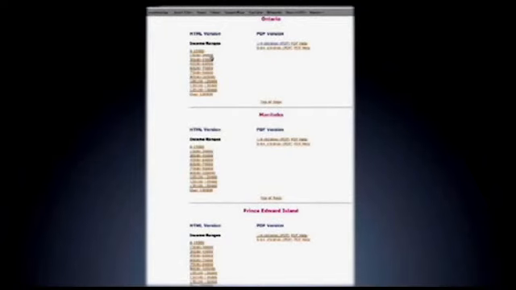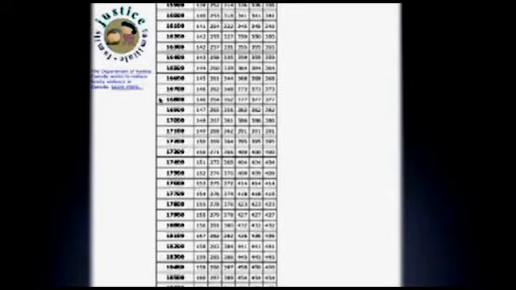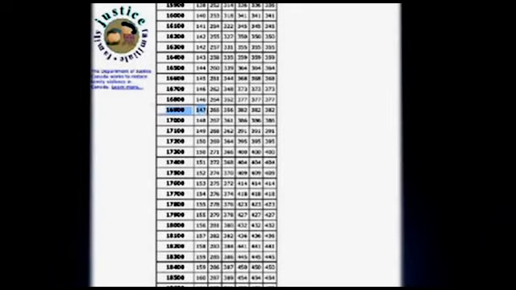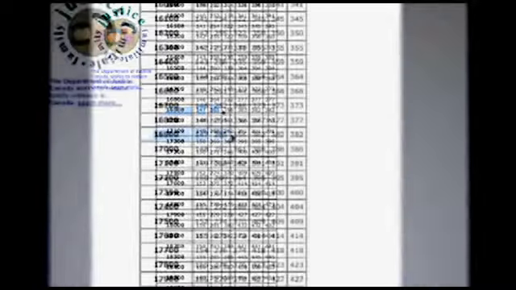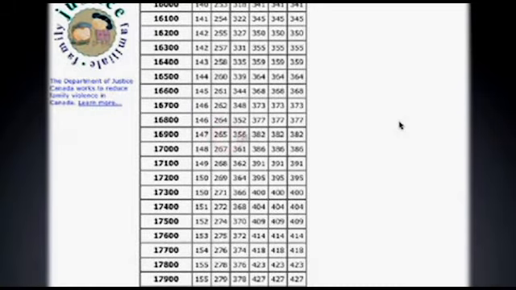Then click on your province or territory and the tables will appear. Here's an example of a page from the Ontario tables. You'll see that if you earn $16,900 per year and you have 2 children, you're going to pay $265 a month in child support.